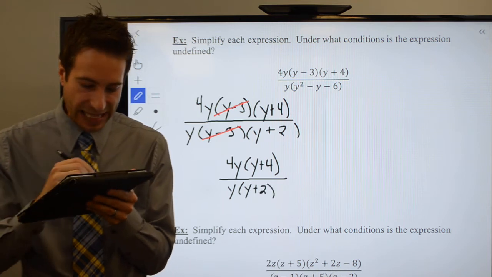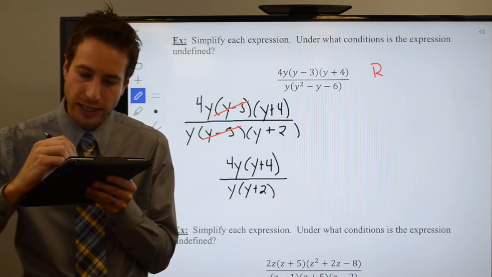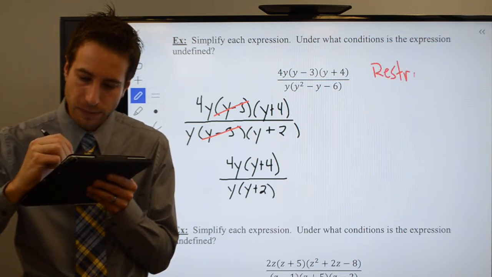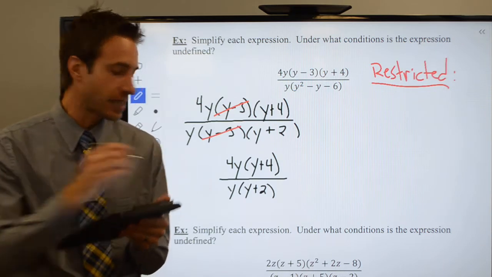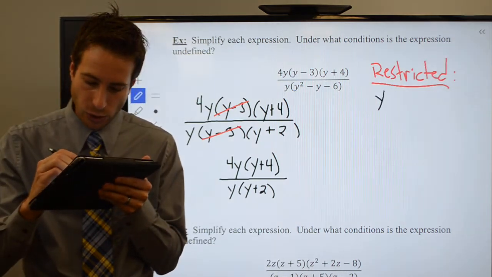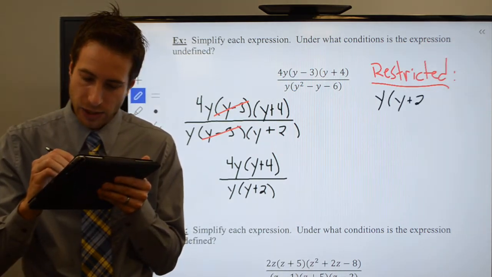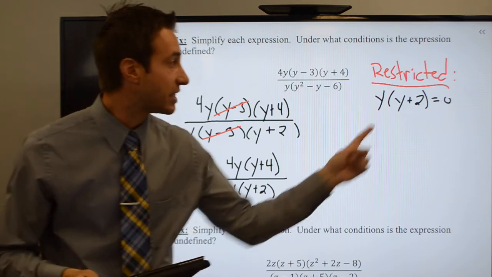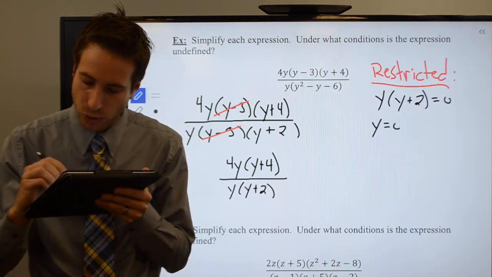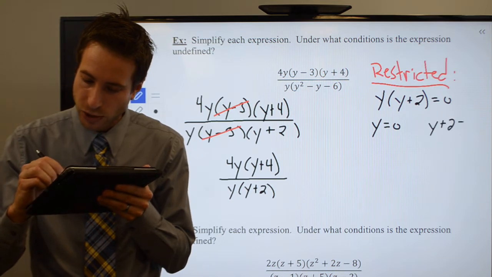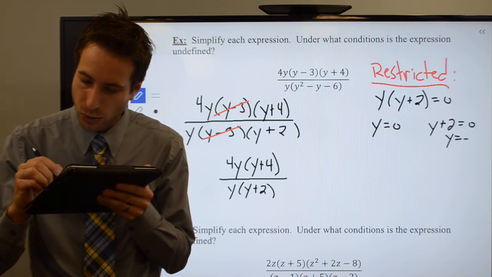But I need to find the restricted values, and I do that by setting the denominator equal to 0. So y times y plus 2, set it equal to 0. Well, zero product property lets me split those guys up. So I get y equals 0, I get y plus 2 equals 0, which means y equals negative 2.